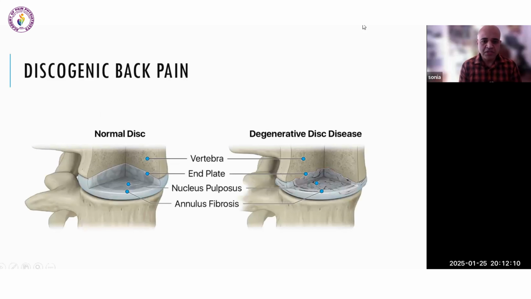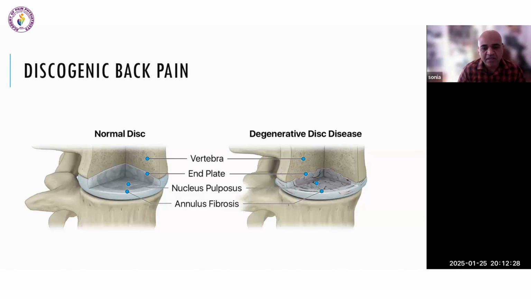As you can see, in the disc pathology we have the nucleus pulposus in the center, annulus fibrosus outside, and the vertebral end plates. The purpose of intervertebral discs is mainly to provide adequate spacing between the vertebral bodies and also to provide cushioning.